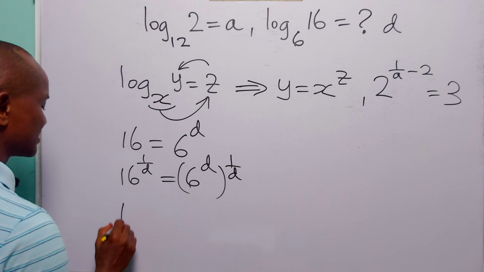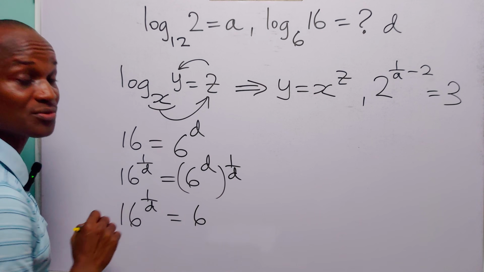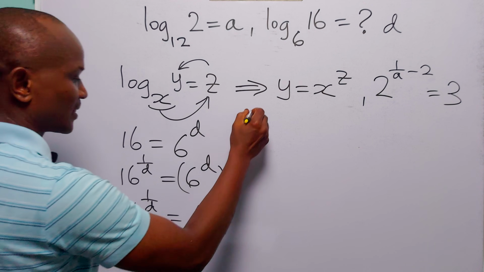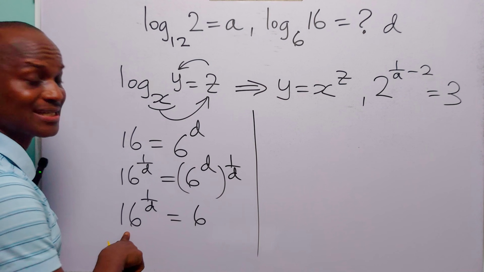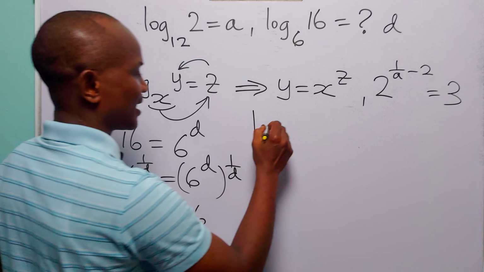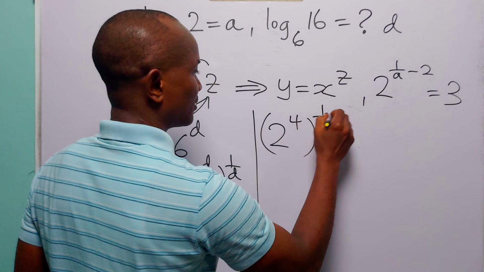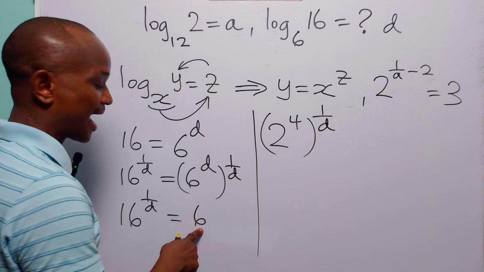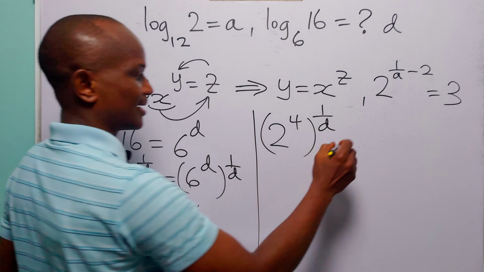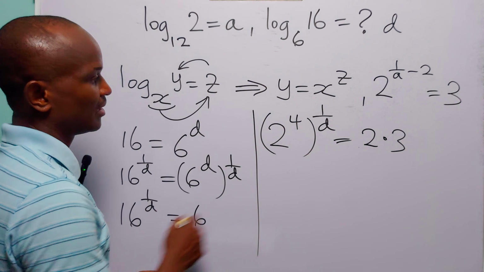So we have that 16 to the power 1 over d is equal to 6. Now, remember that 16 is 2 to the power 4. So we can write this left-hand side as 2 to the power 4 to the power 1 over d. And we can write the right-hand side as 2 times 3.